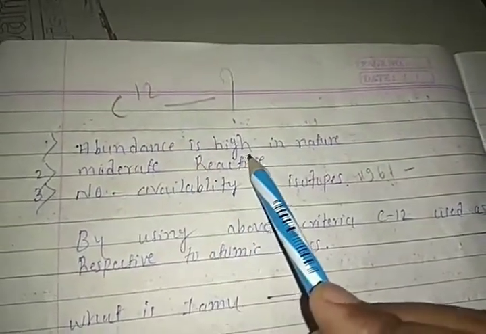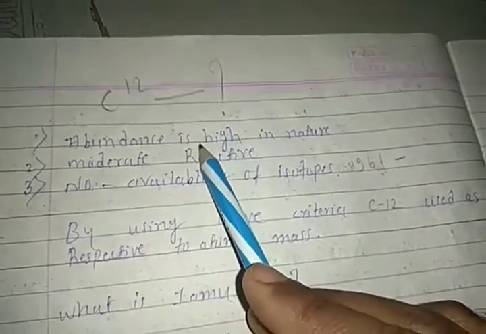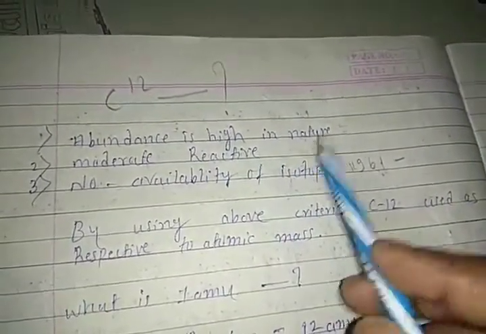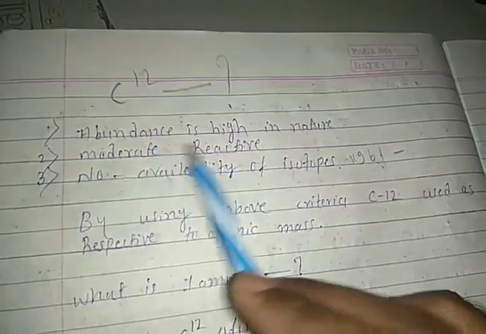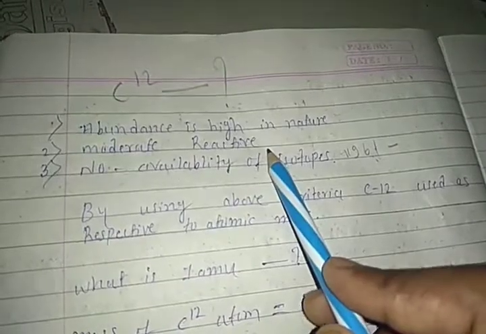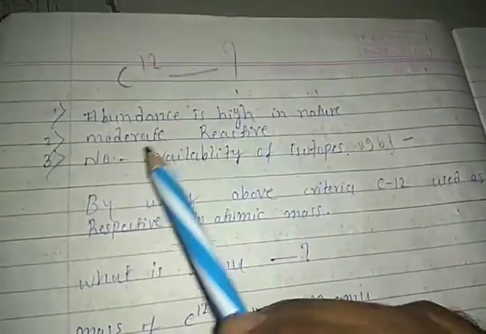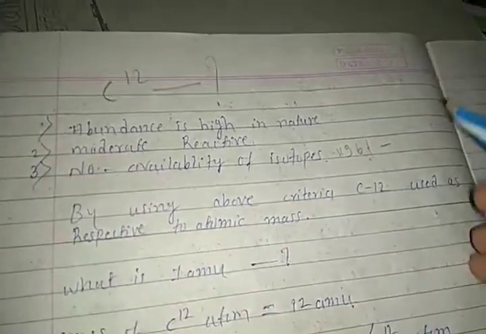First, the abundance of carbon is high in nature. Second, carbon is moderately reactive. Third, there is no availability of isotopes.